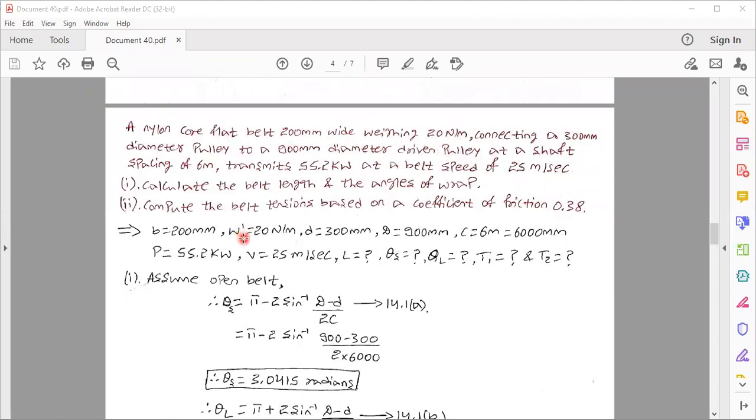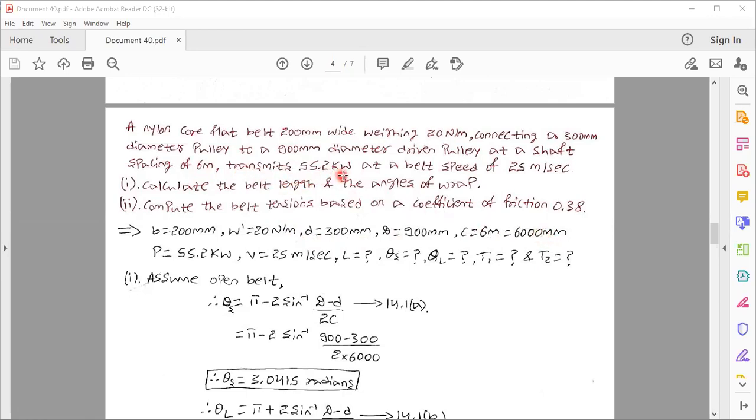The weight is given, it is 20 Newton per meter, connecting a 300 diameter pulley, small d is 300, to a 900 diameter driven pulley. The 300 diameter pulley is the driver, and the 900 diameter is the driven pulley, at a shaft spacing of 6 meter, meaning the center distance between the two shafts, C, is given as 6 meter. All the dimensions are in mm.